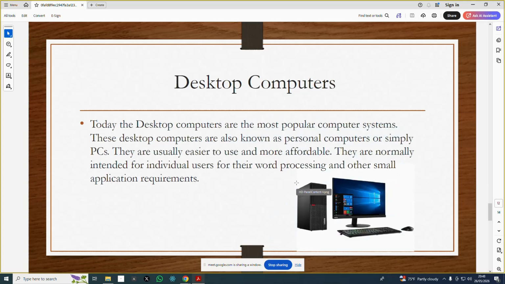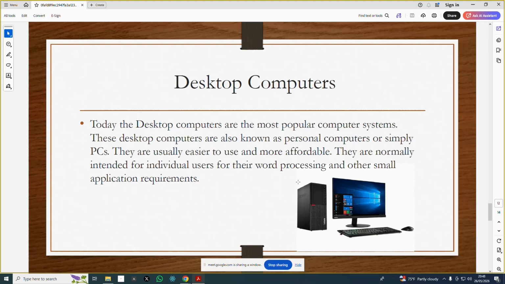Yeah. Desktops are like that. These are the most popular computer systems. They are the commonest computers that you usually use, being used by individuals.